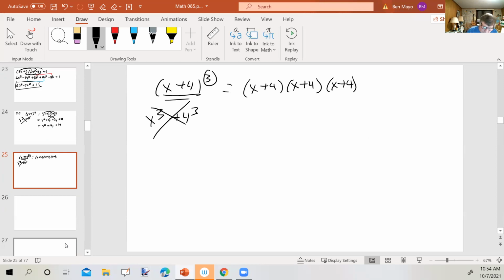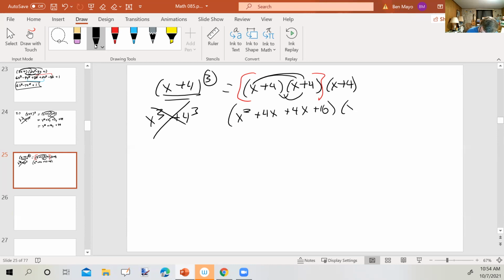So we're going to multiply two of them together to get the result, and then take that times the third. So we get x squared plus 4x plus 4x plus 16. Combining like terms, x squared plus 8x plus 16.